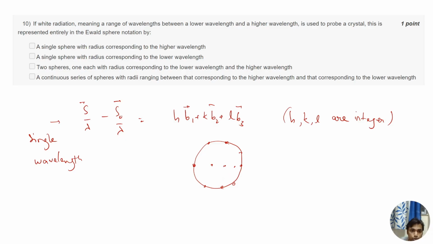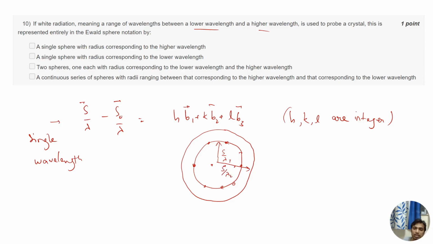Now you have a range of wavelengths between a lower wavelength and a higher wavelength. Since you have a range of wavelengths, it will cover a volume in the Ewald construction. Let's say this corresponds to s by lambda 1, and this corresponds to s by lambda 2.